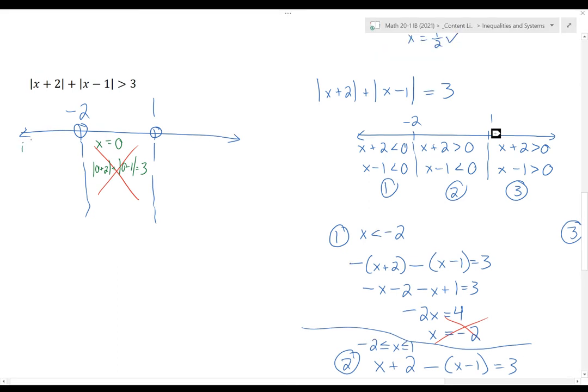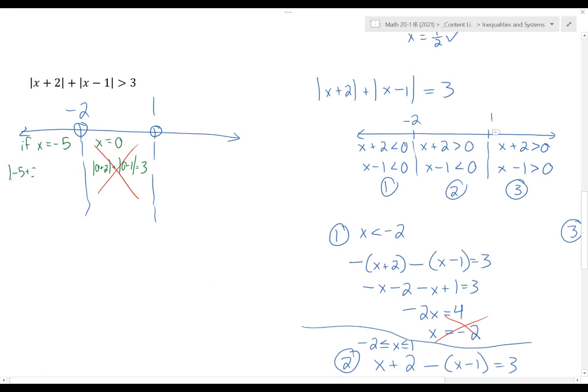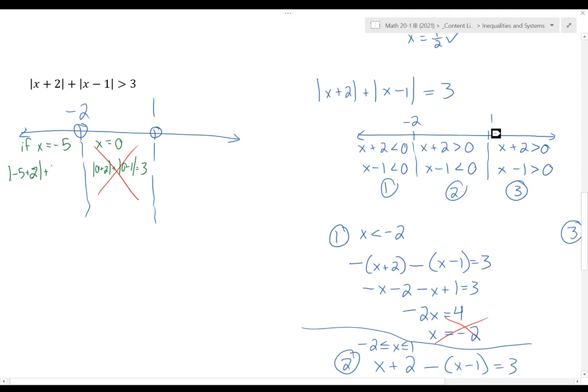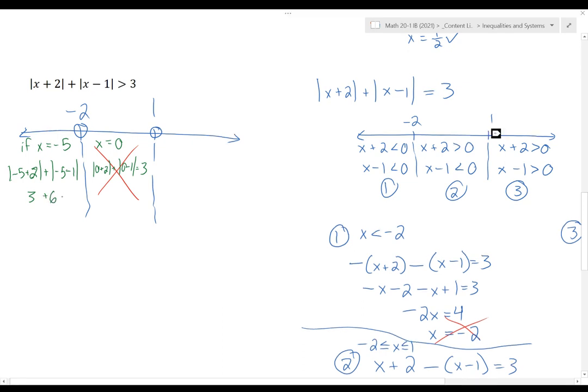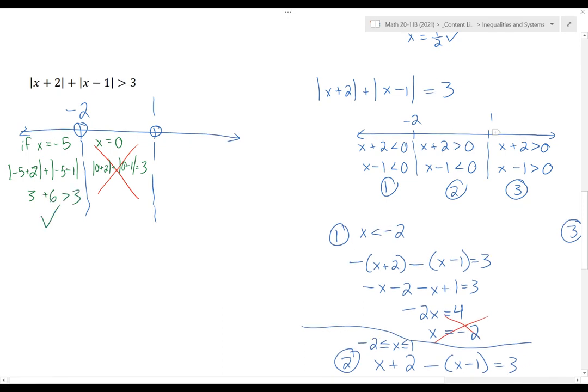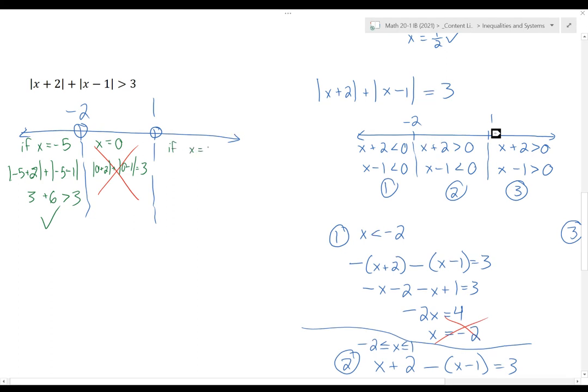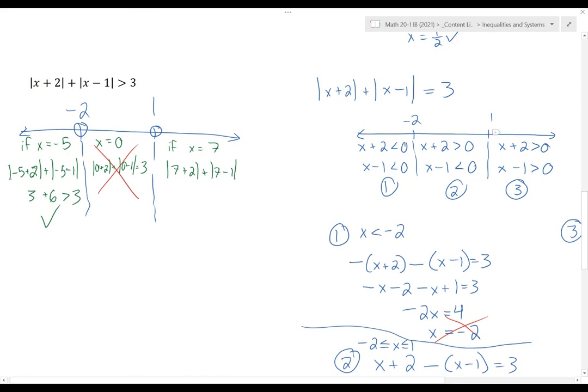So let's choose if x equals, say, negative 5. So the absolute value of negative 5 plus 2 plus the absolute value of negative 5 minus 1. This is 3 plus 6, which is greater than 3. So I can include this interval. And let's say if x equals 7, is the absolute value of 7 plus 2 plus the absolute value of 7 minus 1 greater than 3?